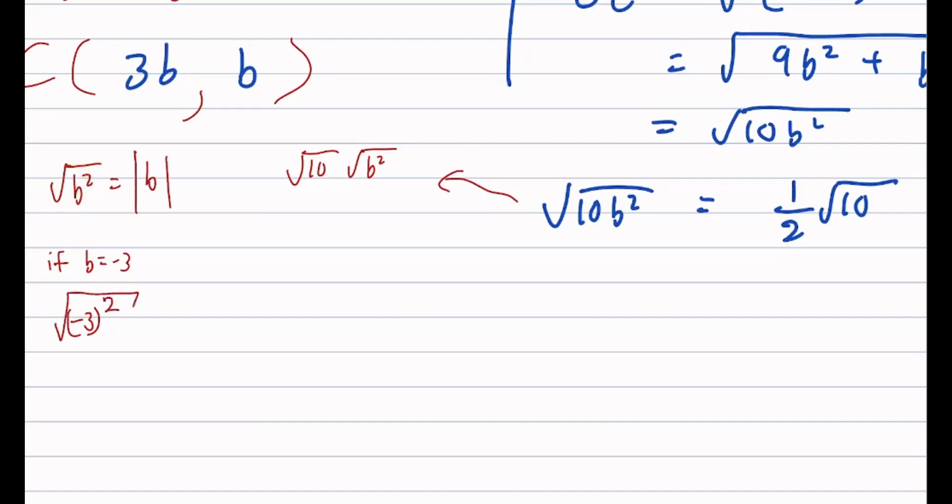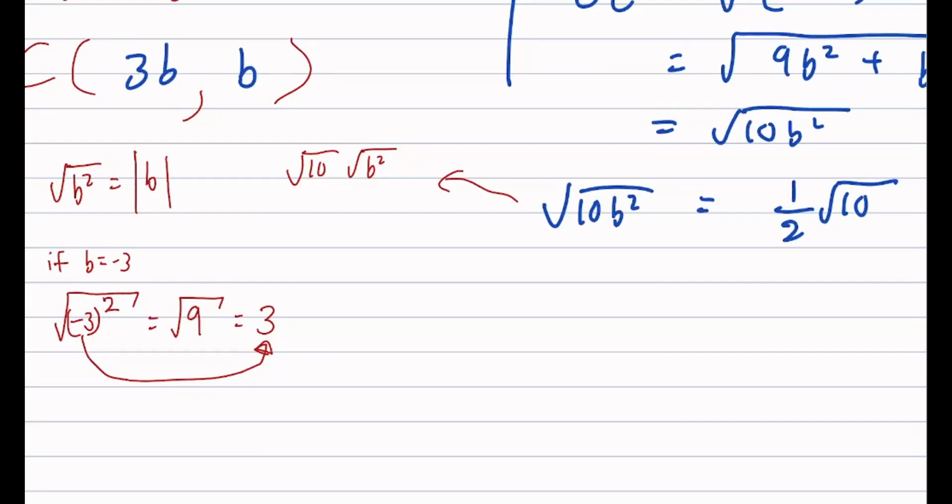What happens after you square it? It becomes positive 9. Then the square root of 9 is positive 3. So a negative 3 turned into a positive 3. Did you see that? Once you square and then square root, you can no longer recover the negative 3.